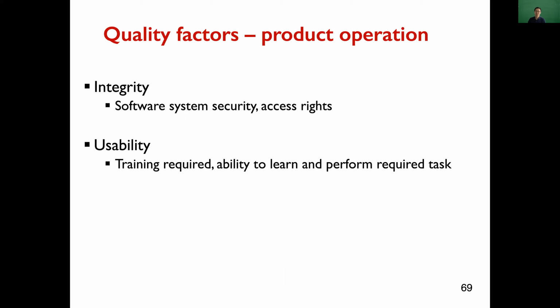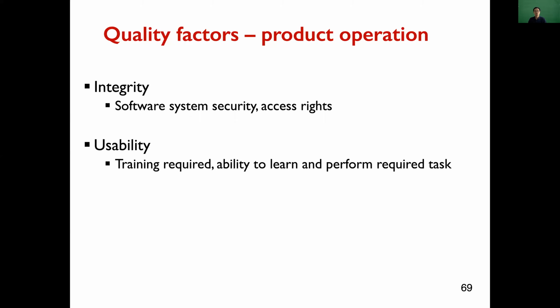It's about how secure the software is and how the software controls the access rights of its users. The next one is usability. It's about how easy the software can be used by customers, how much training is needed and how easy it is to learn and perform required tasks.